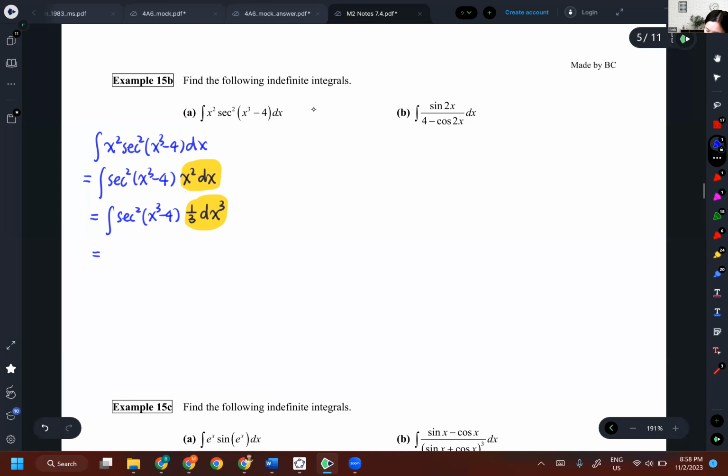And then I take out 1 over 3 and secant square x cubed minus 4. Then another change because I need that x cubed minus 4. Here I'm adding minus 4. And this time you don't have to do any adjustment. And then it's tangent of x cubed minus 4 plus c.